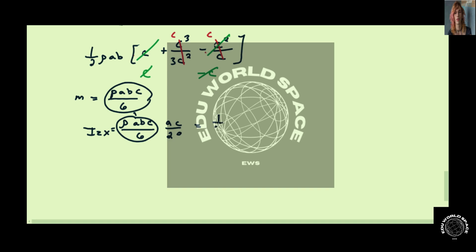And what we can do now is plug in M to this right here. So we have 1/20 MAC. And so now for symmetry, it's going to be pretty much the same thing for the product of inertia Ixy. Ixy is going to equal 1/20 MAB.